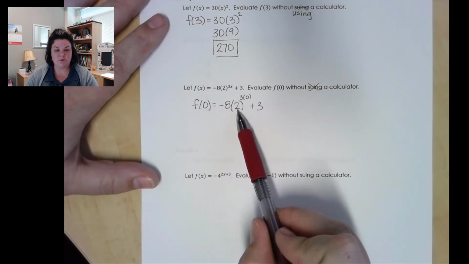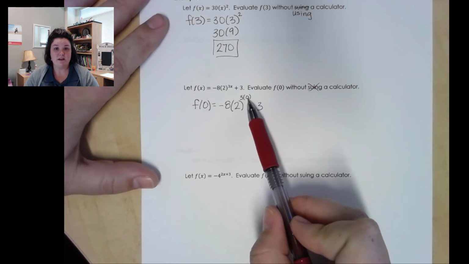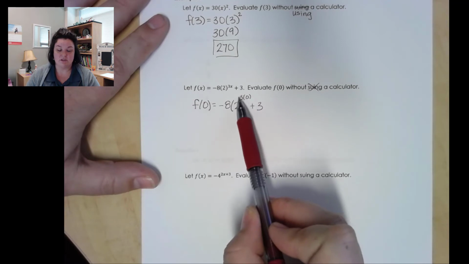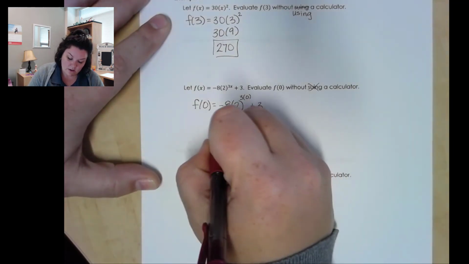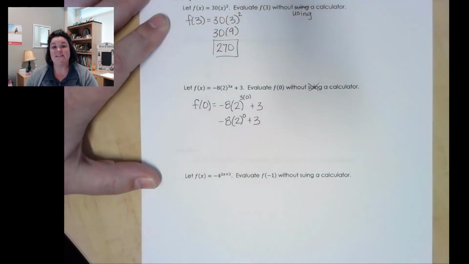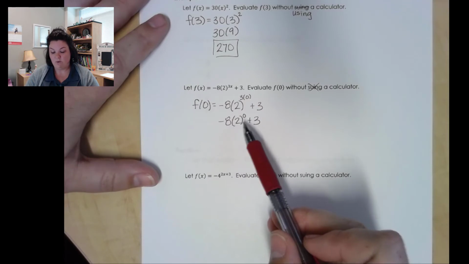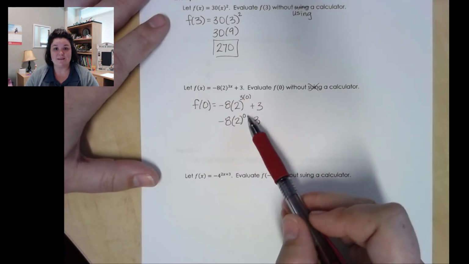There's nothing inside these parentheses. There's also nothing inside these parentheses that I can simplify. So then we go to exponents. So I'm going to simplify this exponent first. 3 times 0 is just 0. And now I still have an exponent, right? Just because it's 0 doesn't mean it goes away. Remember our exponent rules from the beginning of the semester.